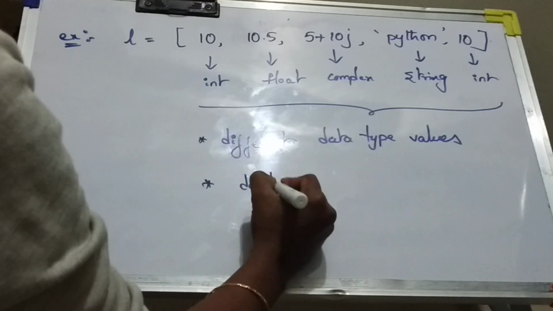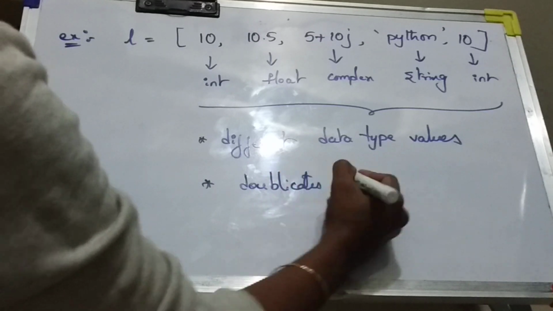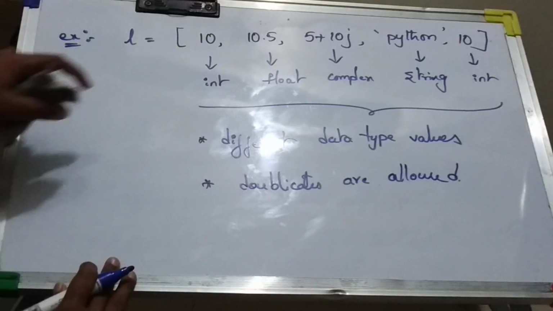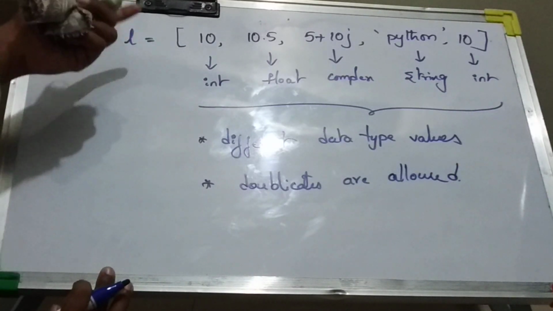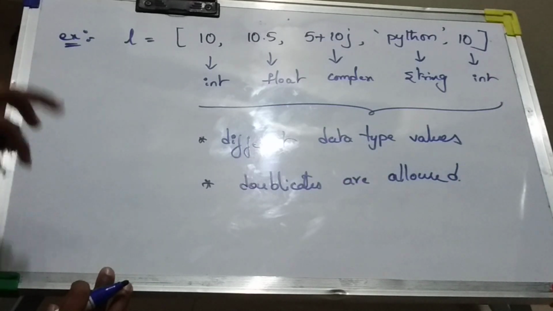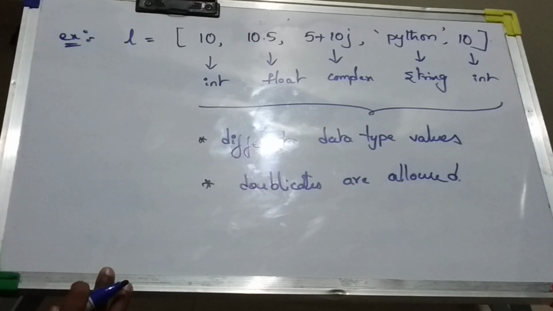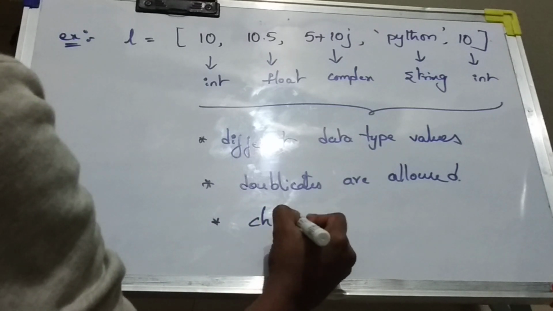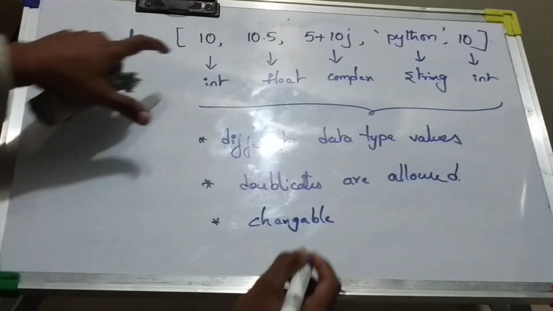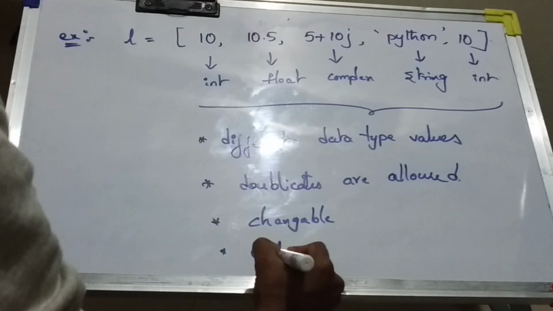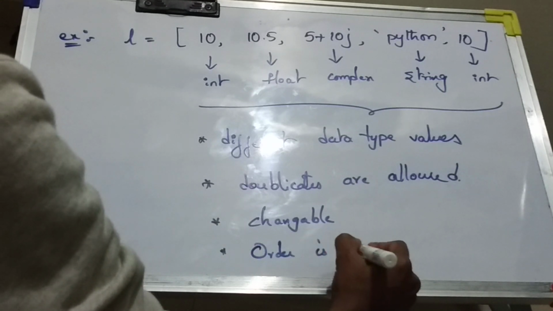Based on our requirement we can change the list; how to change it is discussed in detail in the list data structure. It is a changeable object. It is index based, and index means order. Order is preserved.